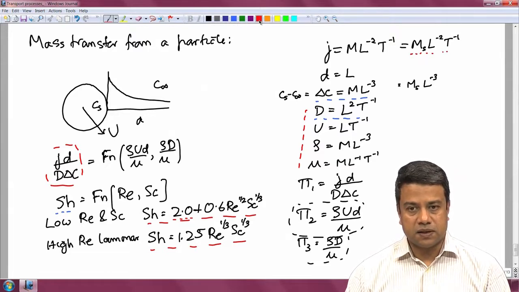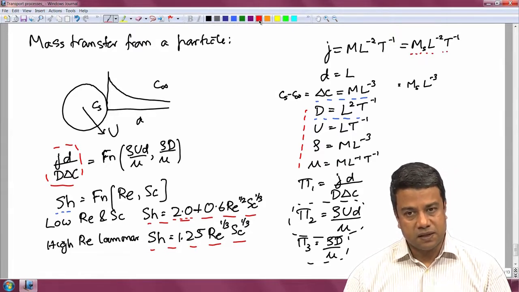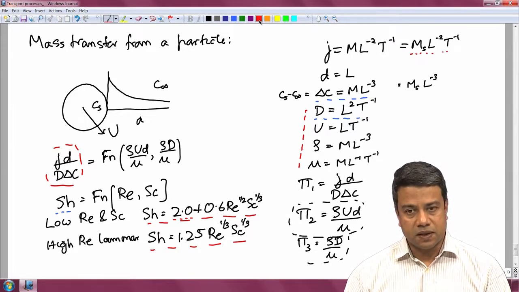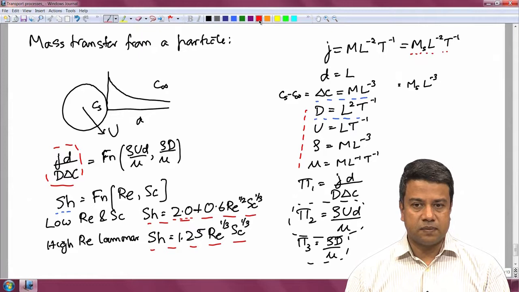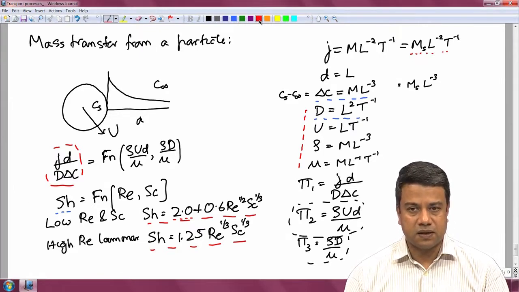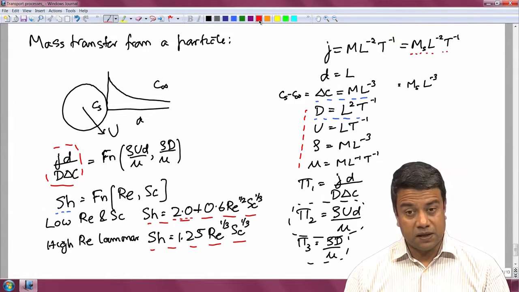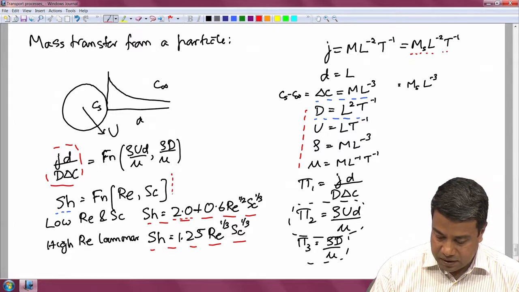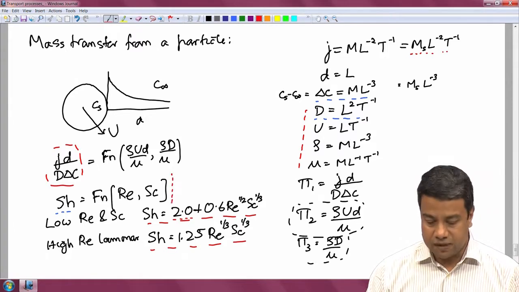Moisture coming out is a mass transfer problem. The latent heat going in is a heat transfer problem, where the heat flux is driven by the difference between the droplet temperature and that of the outside air. And if I were to write a correlation for that, I would get it to be of exactly the same form.